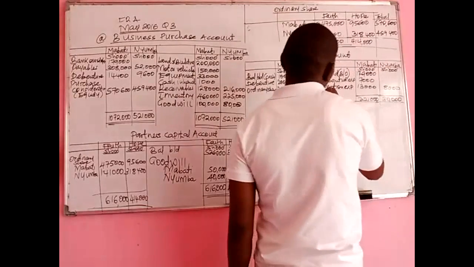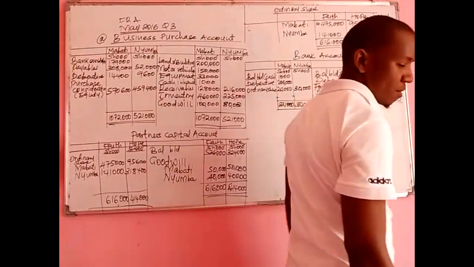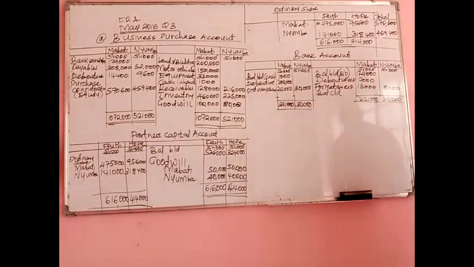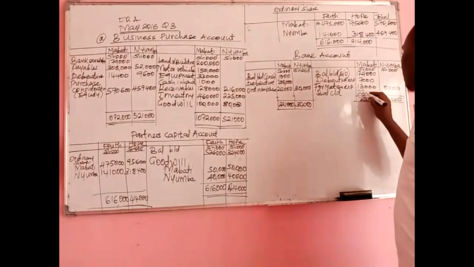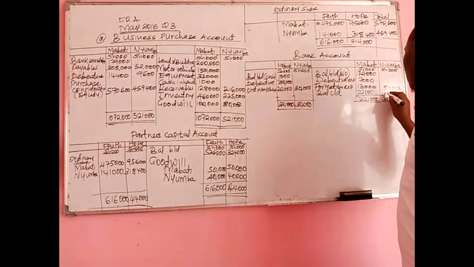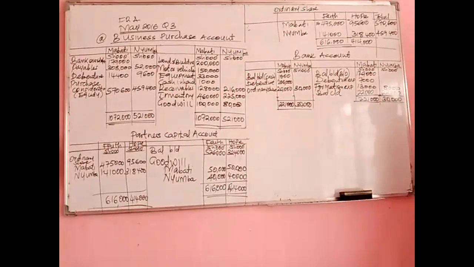So what is our balance carried down? What is our balance carried down? You want to pattern ngapi? 22. Au mwingine pia 22. For the same.